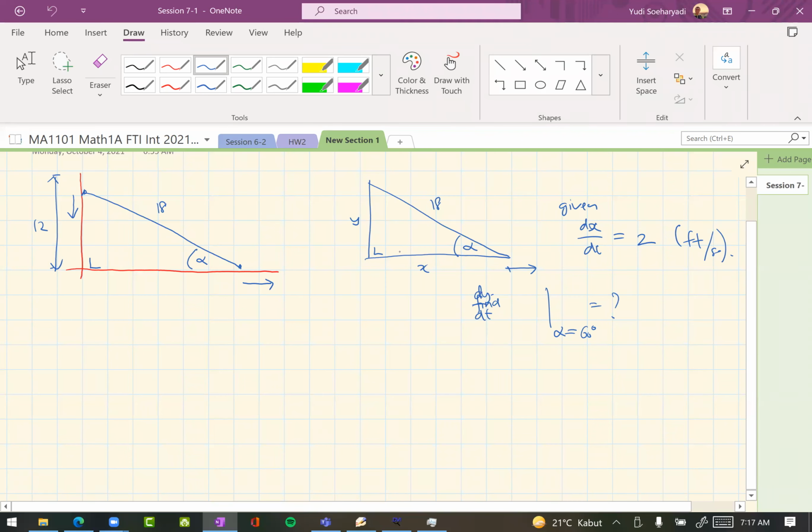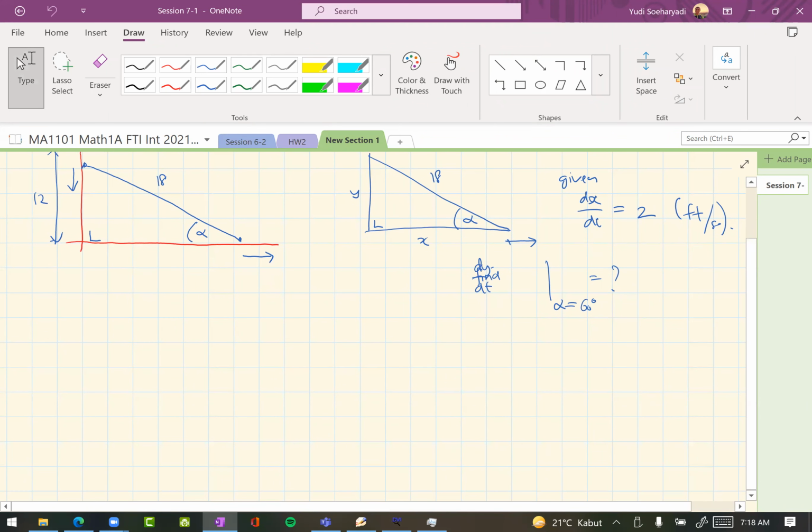Notice that this is a right triangle, so you can express y in terms of trigonometric relations, or you can use the Pythagorean theorem instead.